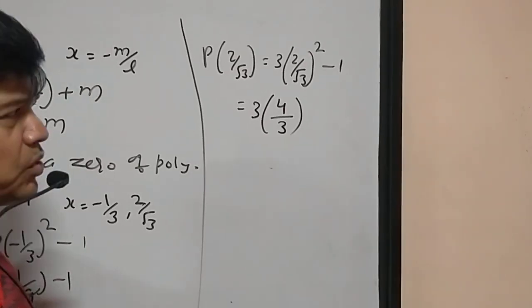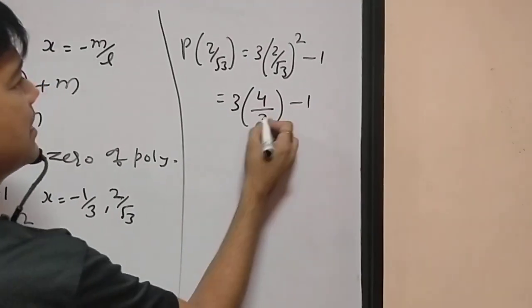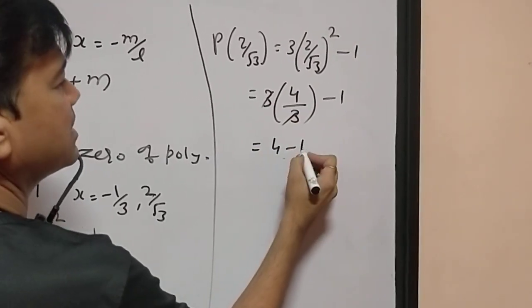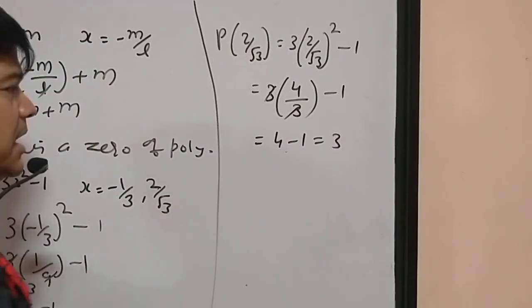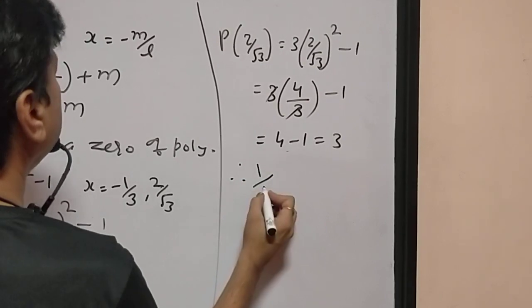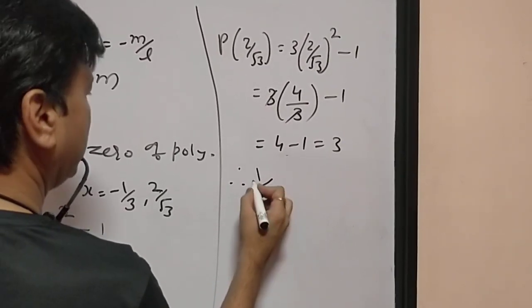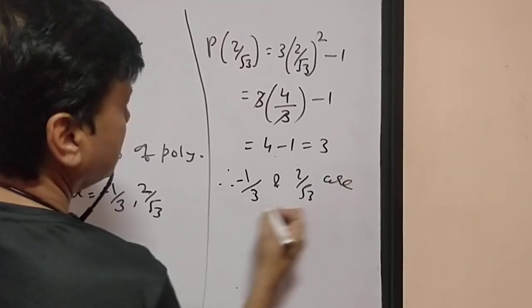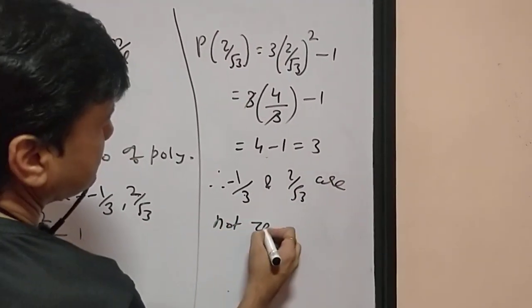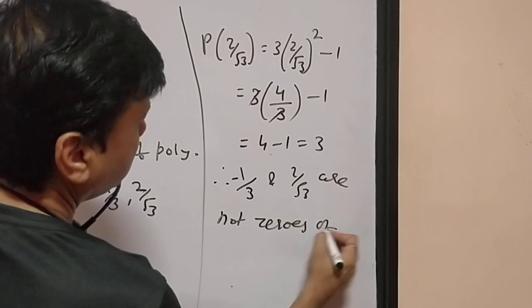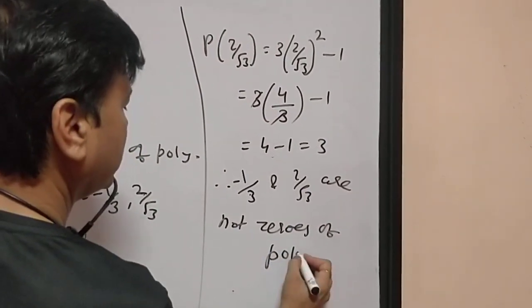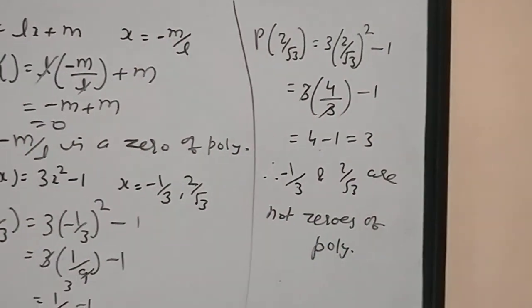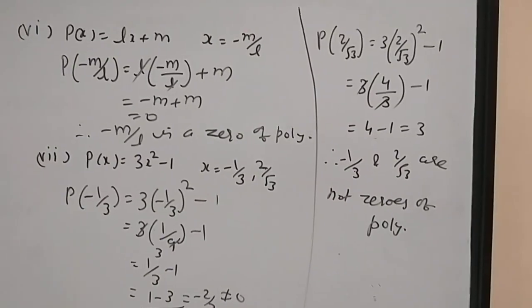Because root 3 square is root 9 and root 9 is 3. Cancel. 4 minus 1, 3. Therefore, minus 1 by 3 and 2 by root 3 are not zeros of the polynomial. So in this way you can find zero of a polynomial or not.